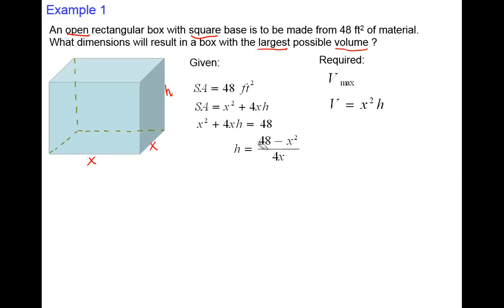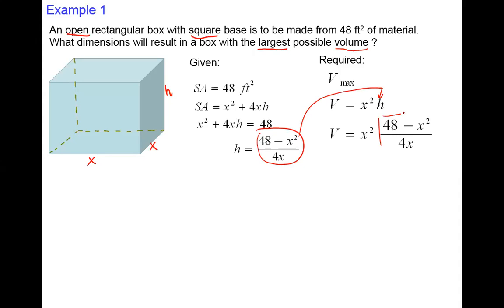That means this formula, 48 minus x squared over 4x, will go here. We have to replace h, and then I have a function just in terms of one variable. One thing is important.